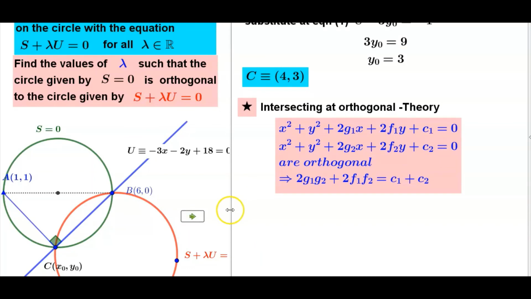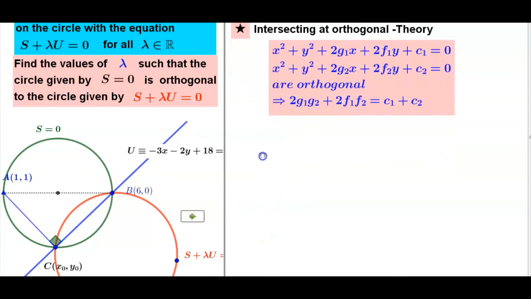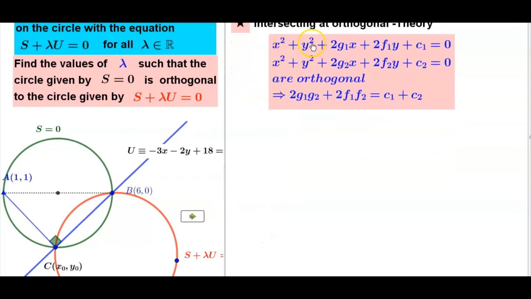Two circles intersect. One of the circles is x squared plus y squared plus 2g1x plus 2f1y plus c1 equal to 0. The other circle is x squared plus y squared plus 2g2x plus 2f2y plus c2 equal to 0.